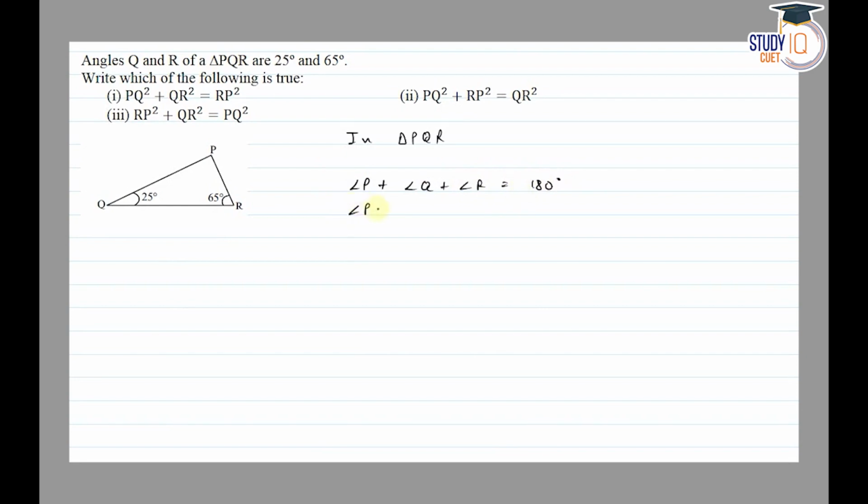So angle P plus angle Q, given 25 degrees, angle R, given 65 degrees, is equal to 180 degrees. Angle P is equal to, we will shift these here, 180 degrees minus 25 plus 65, is equal to 90. So angle P is equal to 90 degrees.